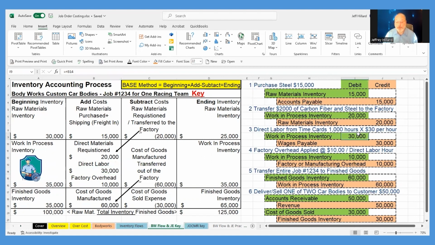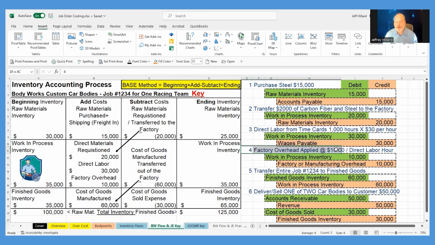And remember, we're keeping track of it for this unique job, and this would be wages payable. Now, remember, in the previous course, this would have been an expense, but now we're putting in just the direct labor that we can identify as part of the cost of the jobs, which is going to become cost of goods sold later on.